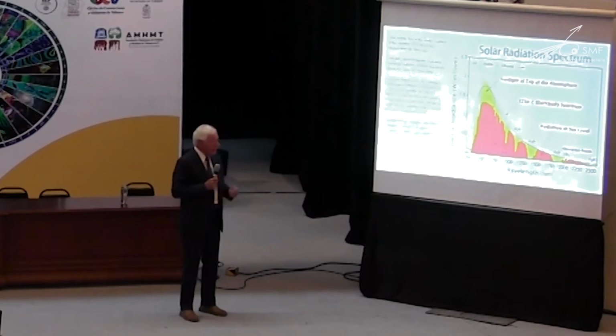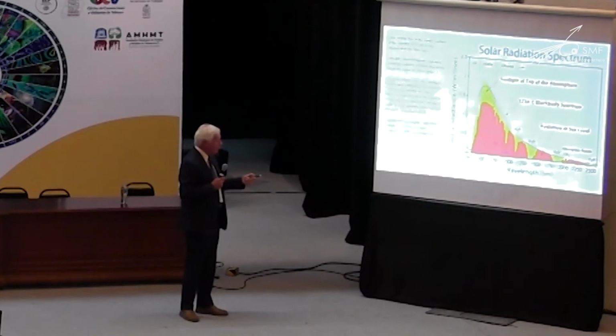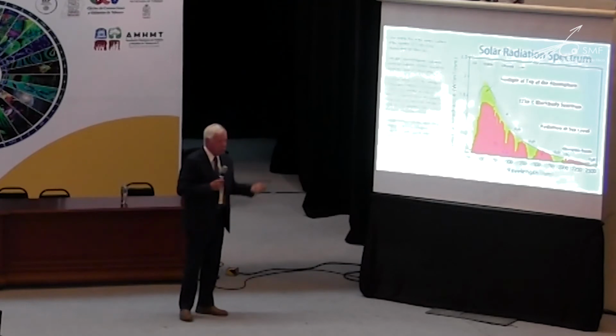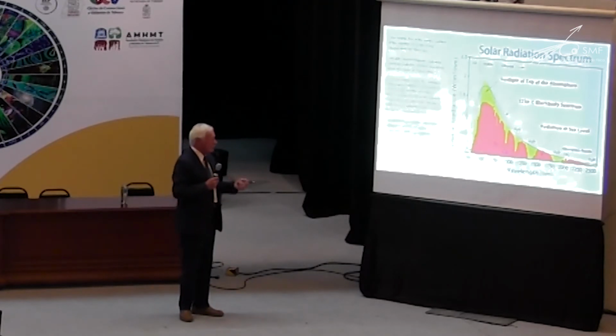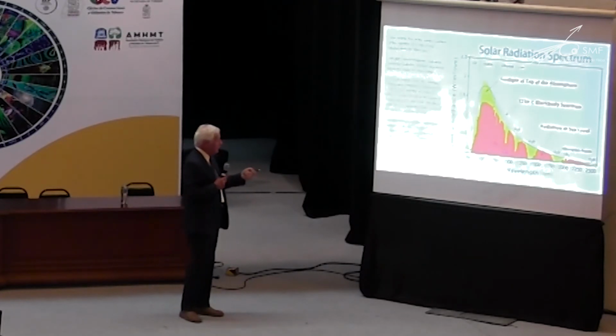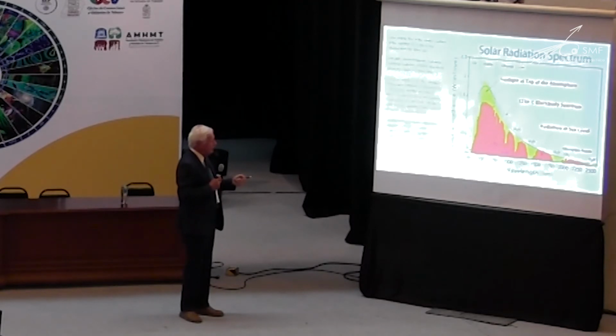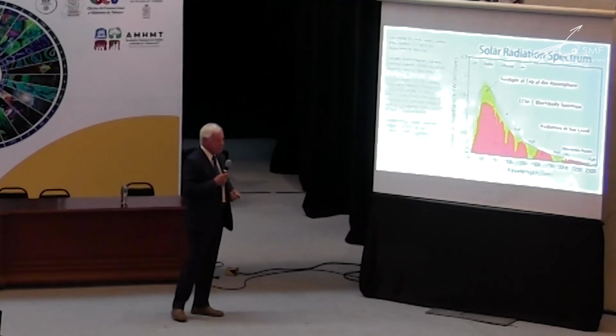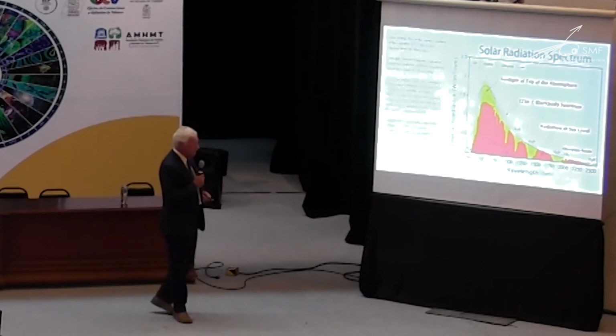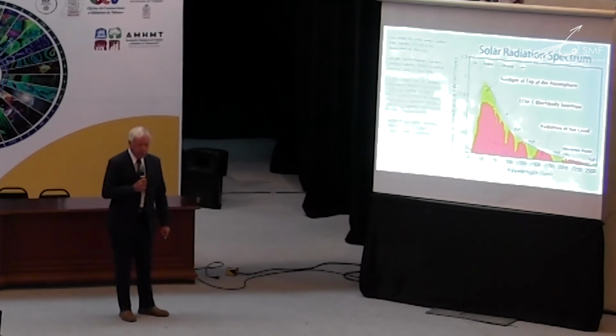But once it gets into the atmosphere, it starts getting absorbed by water molecules, carbon dioxide, carbon monoxide, other elements, nitrogen. And so what happens is you get the red. That's the spectrum at sea level. And this black line here is the black body spectrum that you would get if you had something at 5,250 degrees C.